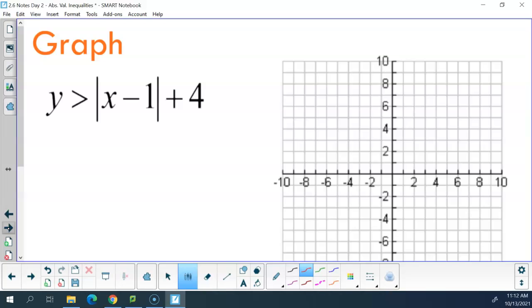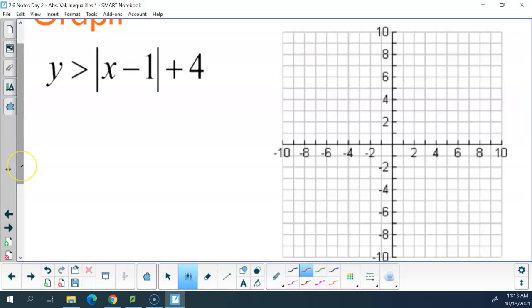So our first one here is y is greater than the absolute value of x minus 1, then plus 4. The first thing that we should figure out is where is the vertex. Where is that point? What do you got?